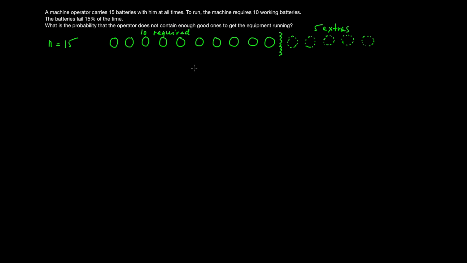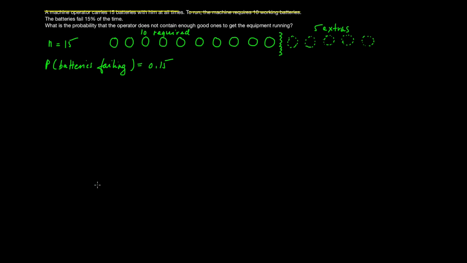Now, what else do we know? As always, let's get into the habit of doing this. We know he carries 15 batteries at all times. We know that to run the machine requires 10 batteries. The batteries will fail 15% of the time, so the probability of the batteries failing is equal to 0.15, right?